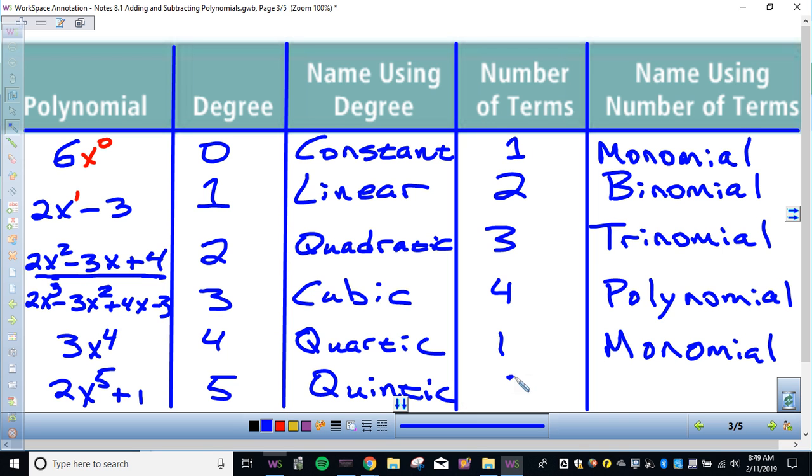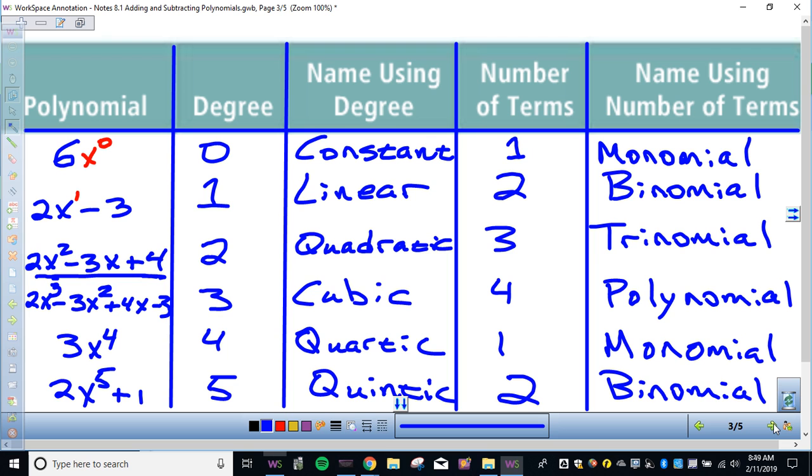There's 1, 2 terms on this one, so binomial. I will drill these, the name by degree, number of terms into your head this entire chapter. We'll talk about it all the time so you can remember it. The repetition will help you remember it. And you drill it again in Algebra 2, and eventually you will know it.